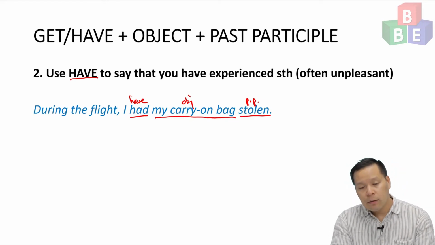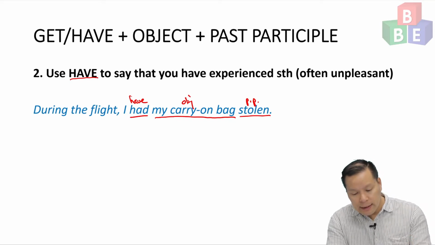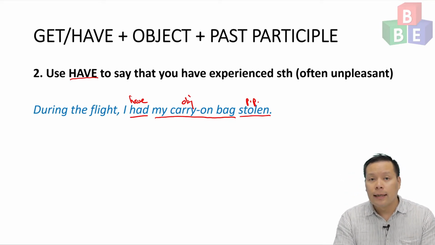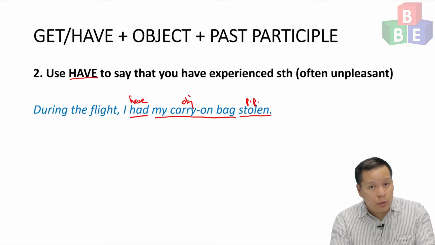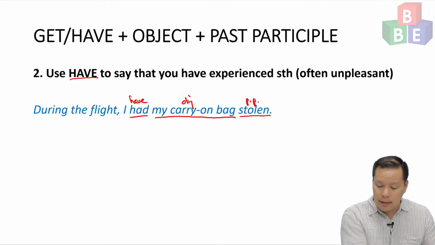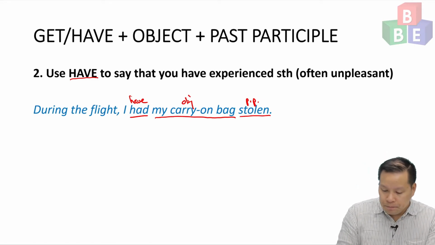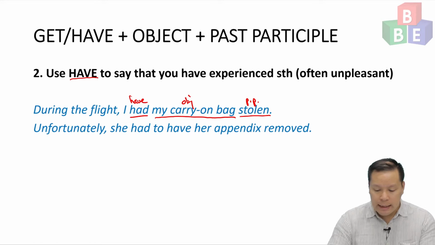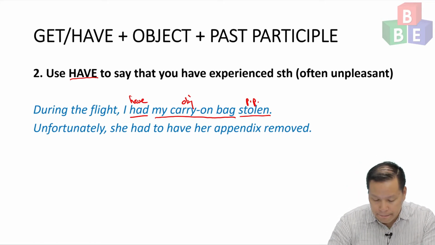Now typically, we do use this structure in the past simple because typically we're going to talk about an action that has already happened. For example, when we're telling a story about something in the past. Let's have a look at another example. Unfortunately, she had to have her appendix removed.